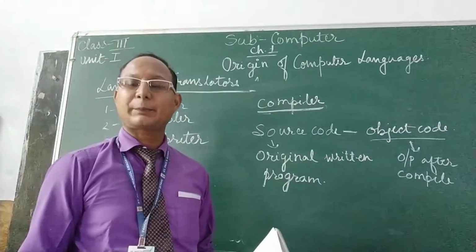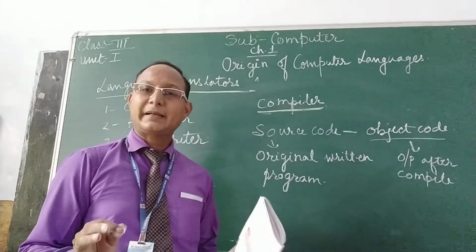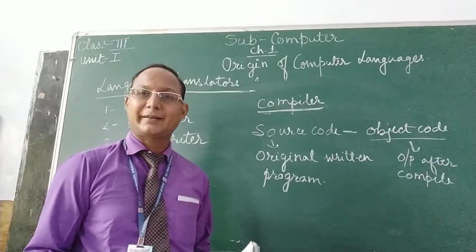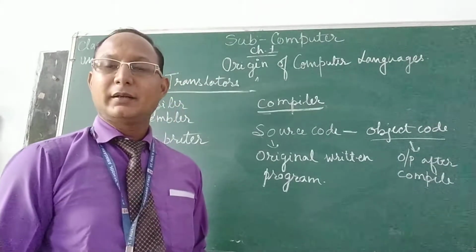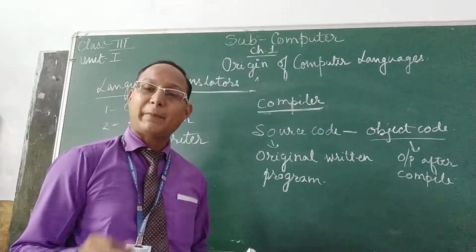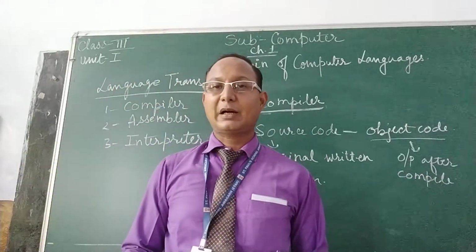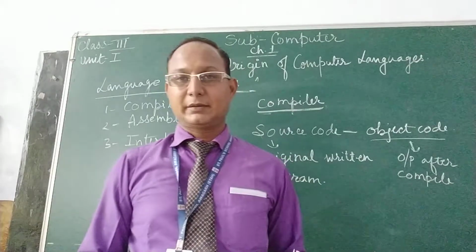Then the user or the programmer checks the program and corrects the error, and he compiles it again. He compiles the program till all the errors in the program are removed.